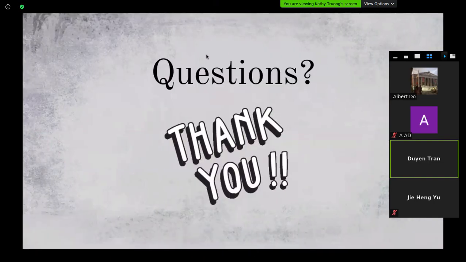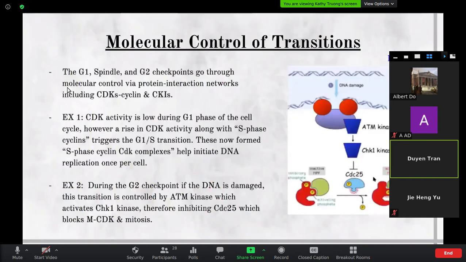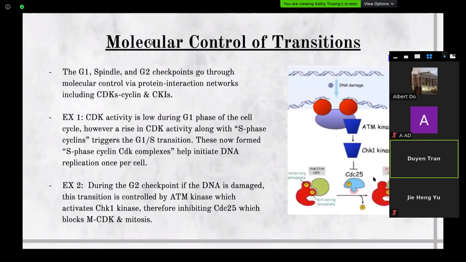These examples? Yeah, can you explain more of example 1? How is there low CDK activity in G1, and then a rise of CDK? That's a little confusing to me. From what I understood, in the beginning, when it's in G1, it's just in the process of growing.